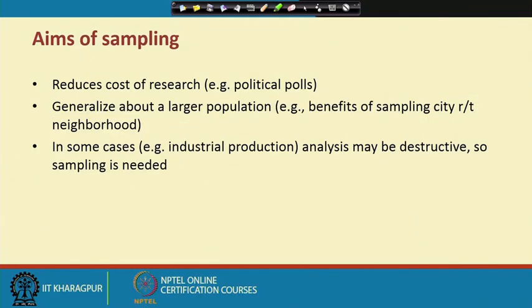Now, the aims of sampling. Sometimes we have limitations subject to cost, time, etc., so you have to make some compromise. But still the suggestion is that you must always have accurate sampling as per the requirement, and try to have a larger number of sample points, so that the findings will be efficient and accurate.